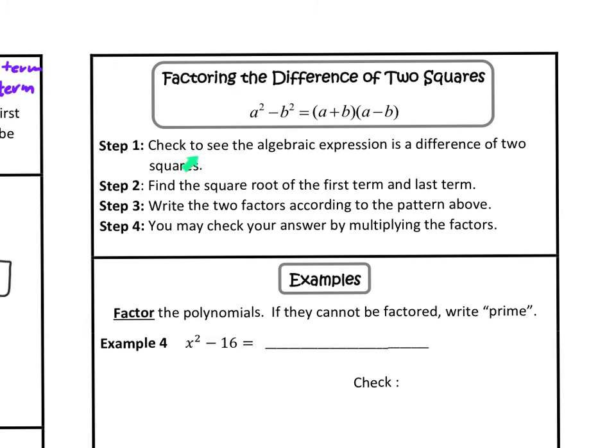My first step is to check to see if the algebraic expression is a difference of 2 squares. That's what we did in examples 1, 2, and 3, practicing the process of checking. Then it says find the square root of the first term and the last term, write the 2 factors according to the pattern above, and then you can check your answer by multiplying.